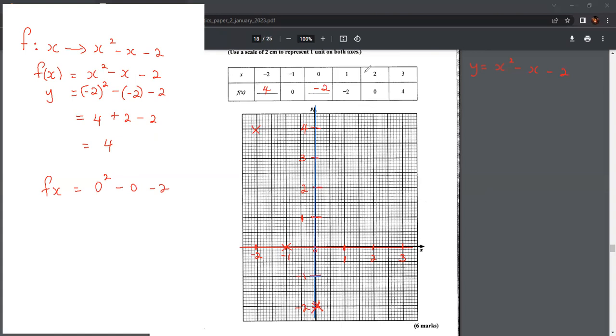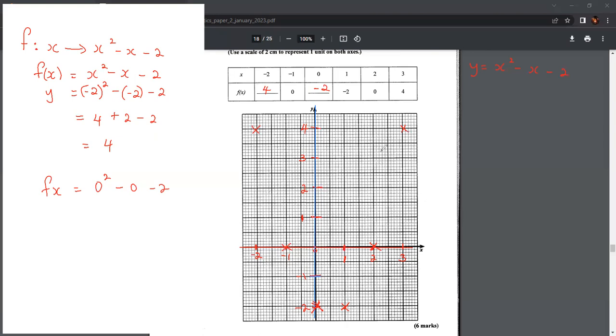And then the next one is when x is 1, y is -2. And then when x is 2 here, y is 0. And when x is 3, y is 4.